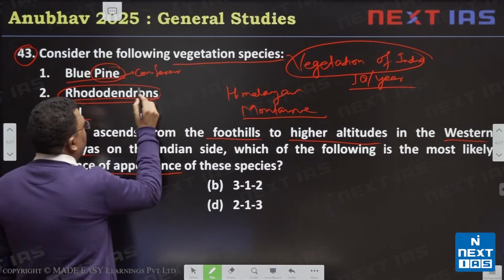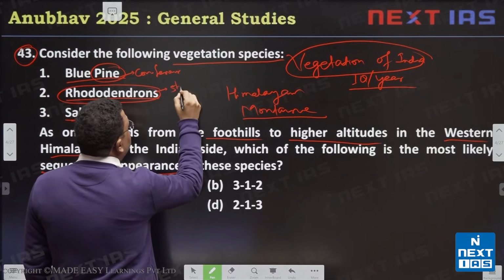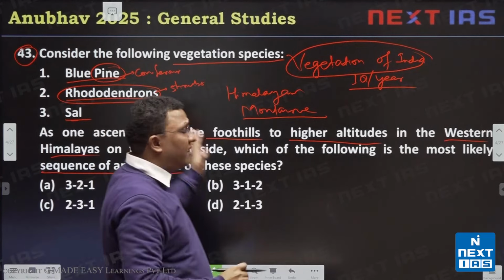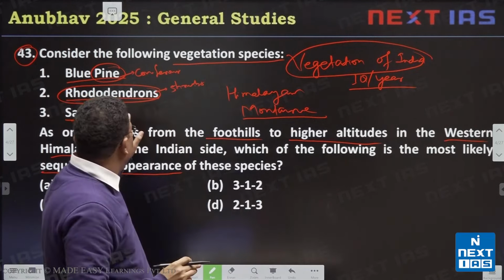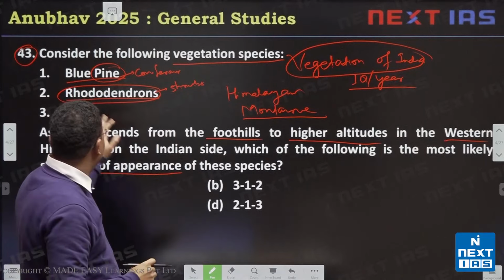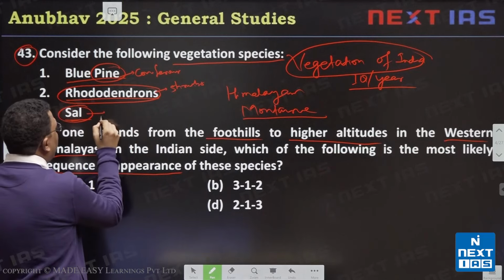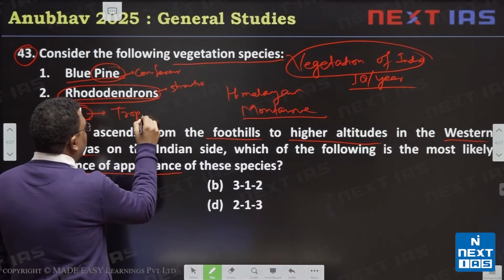Rhododendron is basically a shrub species, and it has red flowers. That's why it is also called red tree. Sal is basically a tropical kind of forest.